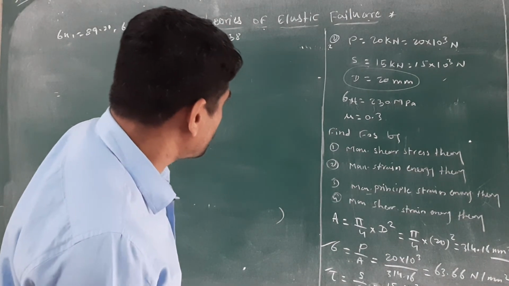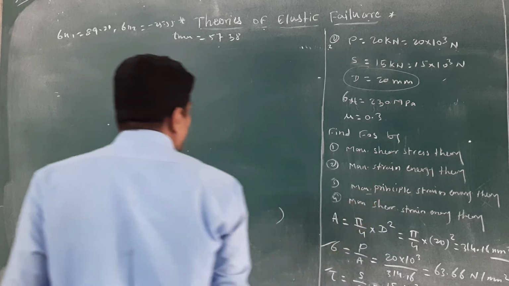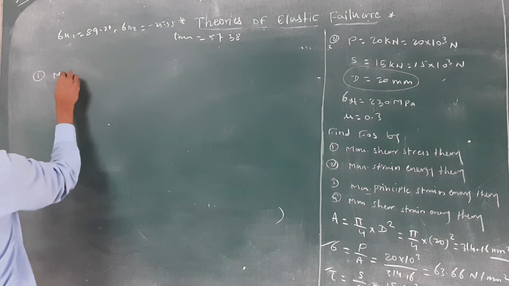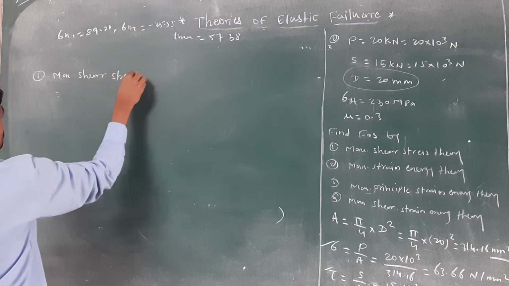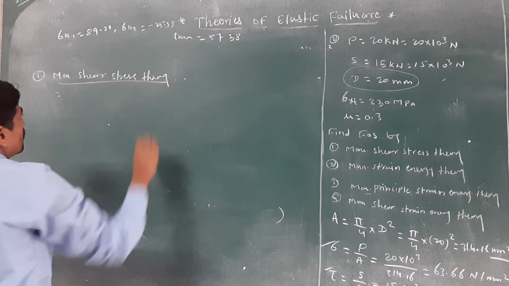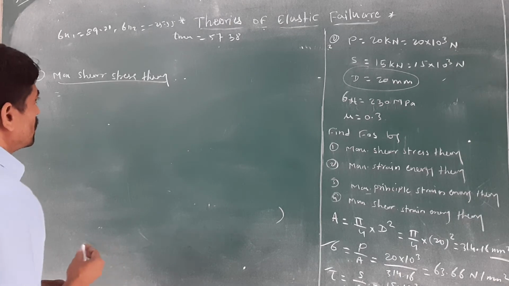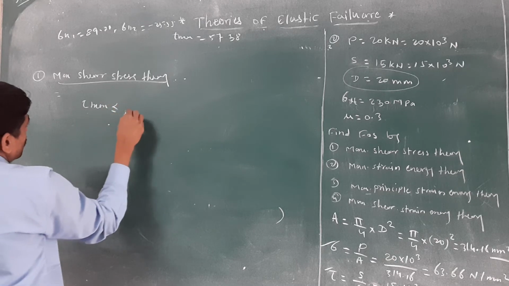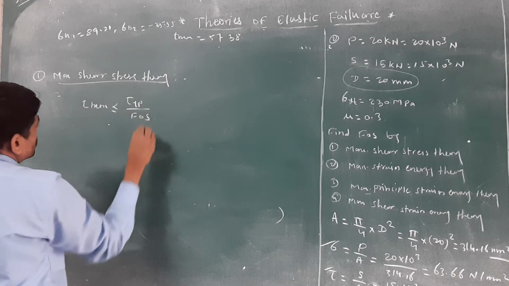First, what do we want to calculate? Find the factor of safety by maximum shear stress theory. Yes, we have seen that numerical before, right? What is the maximum shear stress theory for the factor of safety? Tau max is less than or equal to tau yp divided by factor of safety.